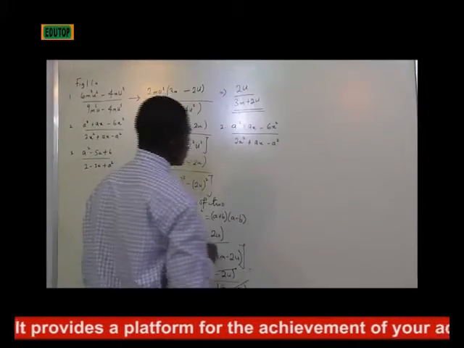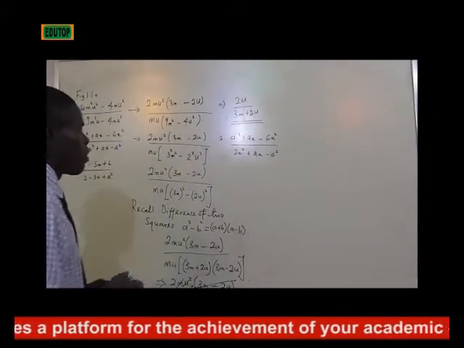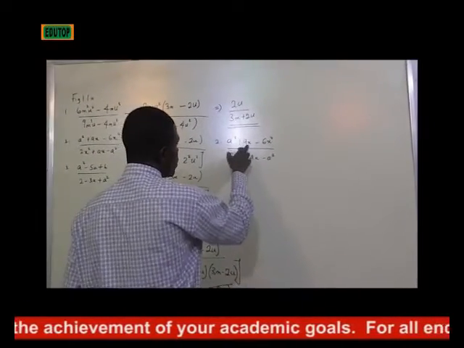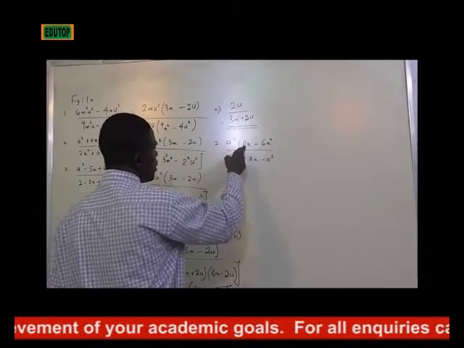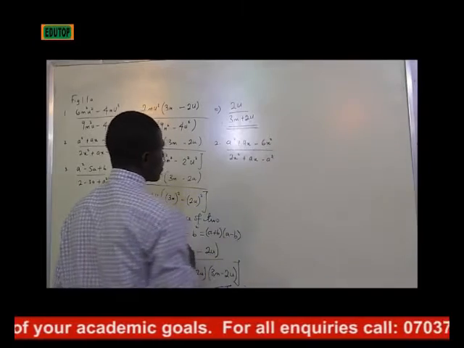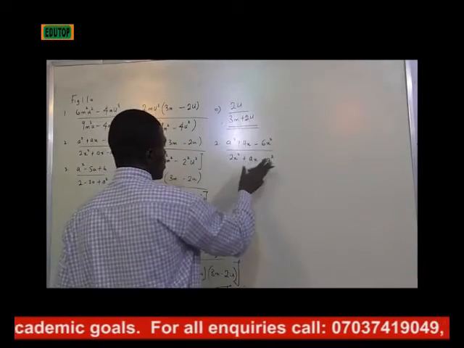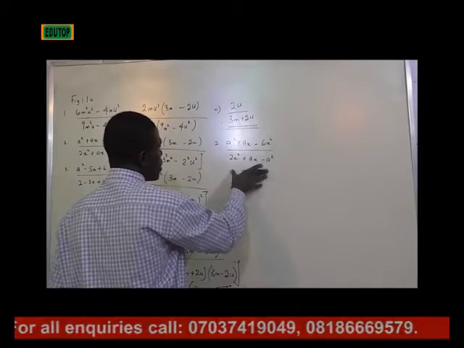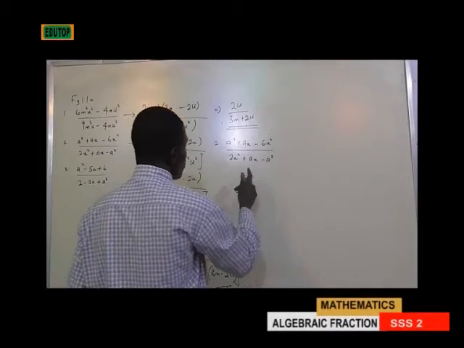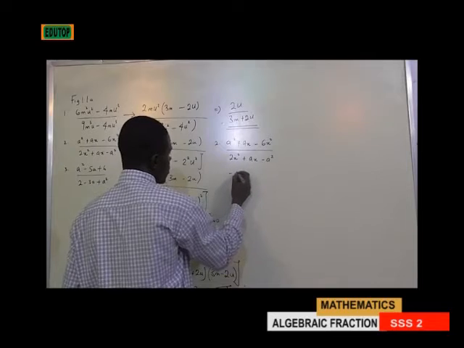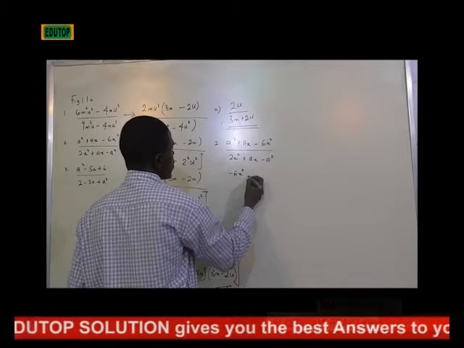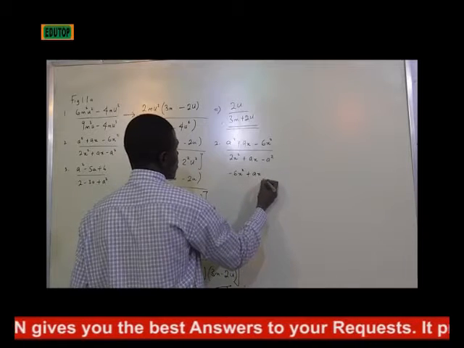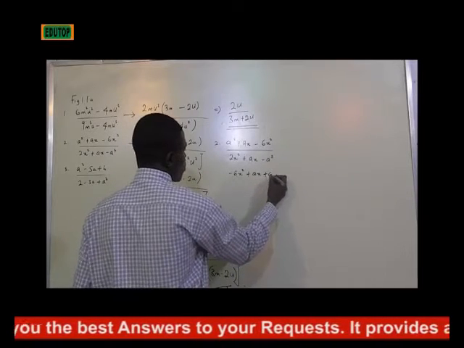If you look at these two expressions, you discover that these resemble this in a way. So we can restructure the numerator so that it will look like the denominator. And by so doing, we have minus 6x squared plus ax plus a squared.